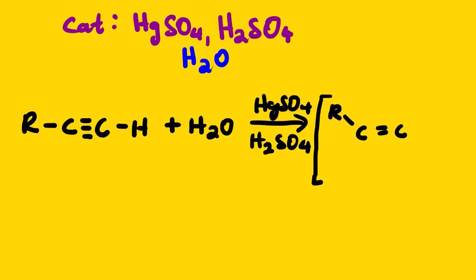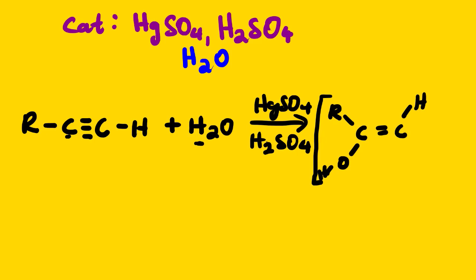Remember, in an enol, the OH, which is the hydroxy group, is bonded to the carbon that has a double bond. Since we said it will follow the Markovnikov orientation, it simply means that since this one is the most substituted, our OH will come here.